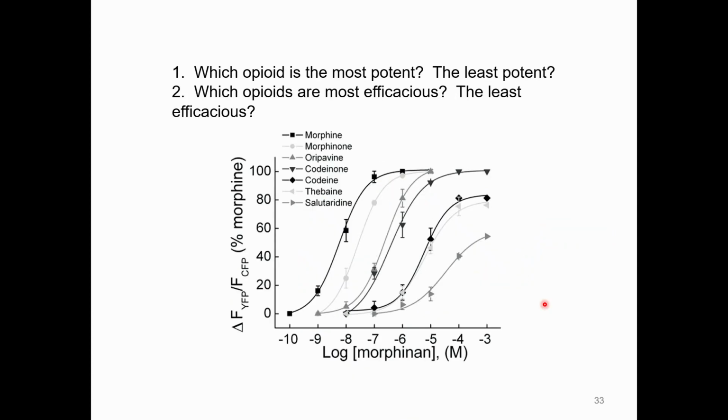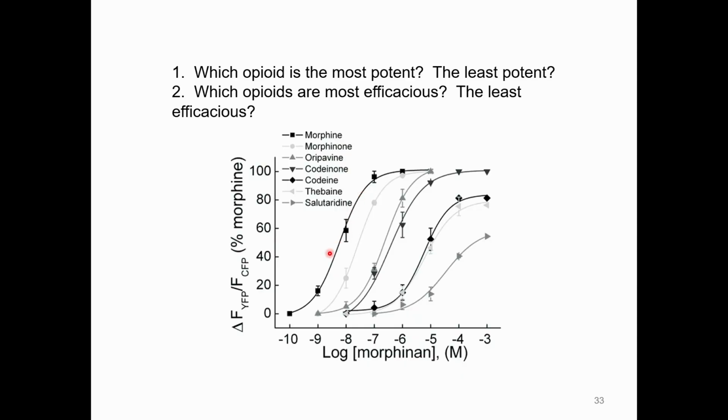So here we have more opiates, and we're comparing now 7 different drugs, and they're all opiates, or most of them are. These aren't, but at any rate, you can look at these. Which one do you think is the most potent of all these?